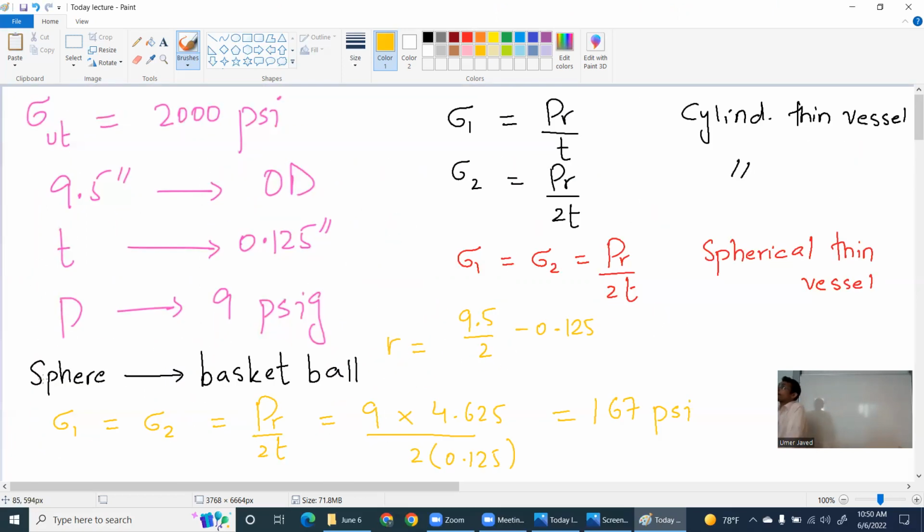So when we say sigma 1 and sigma 2, we are talking about the spherical case, right? When we divide into a square segment, for example like this, sigma 1 will be upward and sigma 2 will be in the x direction.